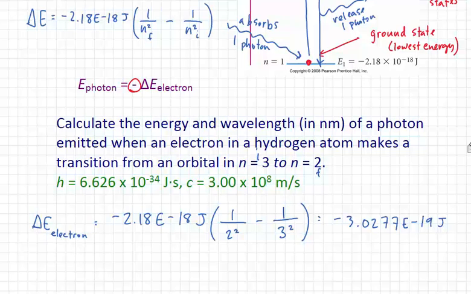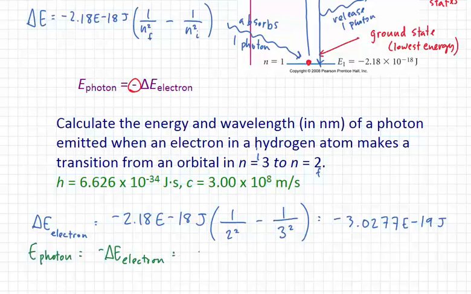The energy of the photon would be what? What would we have to do to get the energy of the photon that is released? Yeah, it is the opposite of delta E of the electron.